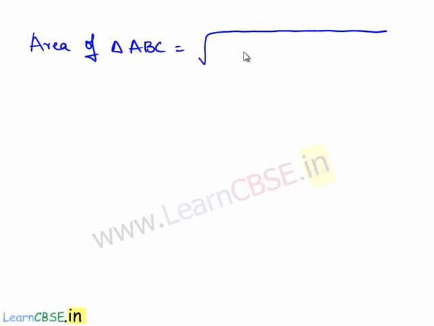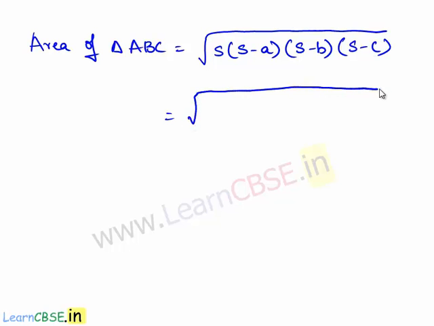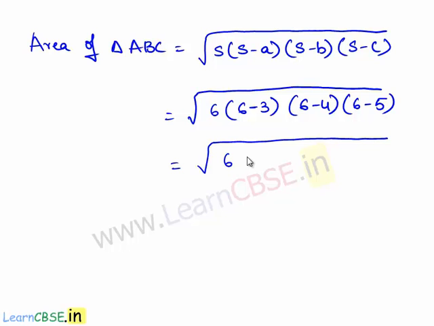Now we shall substitute the value of s in the formula for area of triangle ABC, which is equal to square root of s times s minus a times s minus b times s minus c, which is equal to square root of 6 times (6 minus 3) times (6 minus 4) times (6 minus 5), which is equal to square root of 6 times 3 times 2 times 1, which is equal to square root of 6 times 6. 6 times 6 is 6 square.